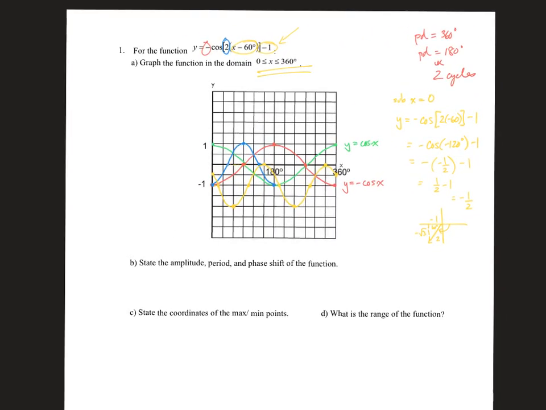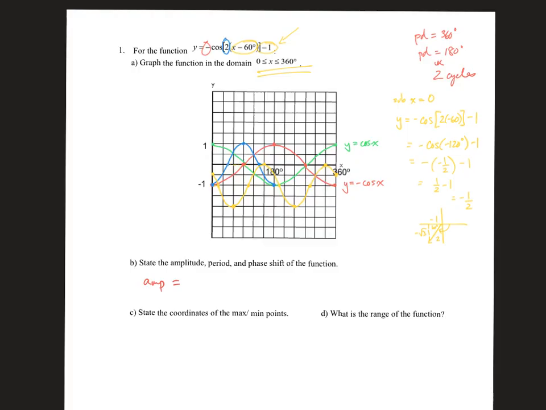As we take a look at question B, it asks us to state the amplitude, the period, and the phase shift. I can do all of that directly from the equation. What is my amplitude? Well, my amplitude is my A value. My A value is -1. And some of us may feel like we should say the amplitude is -1.